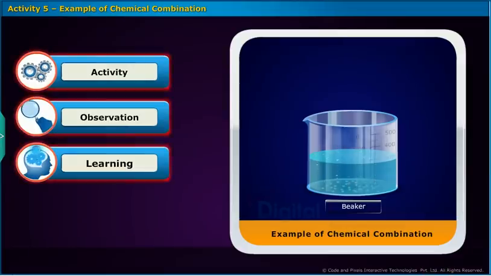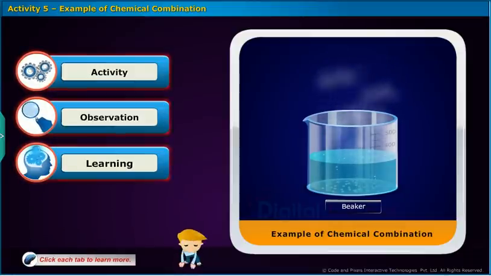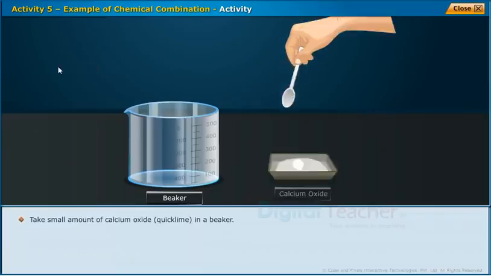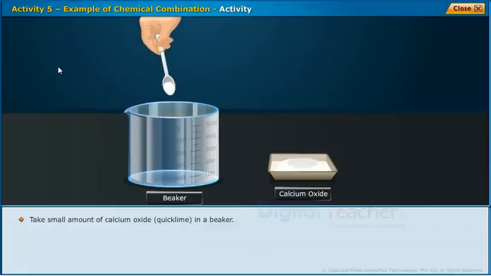Let us perform an activity to know about the chemical combination reaction. Click each tab to learn more. Take small amount of calcium oxide in a beaker.